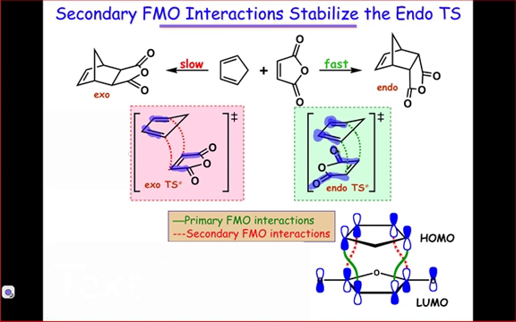This secondary interaction, while it doesn't form any chemical bonds necessarily, does delocalize electrons and as a result it stabilizes the endo transition state over the exo. Of course, in the exo transition state, those same p orbitals of the carbonyls are much too far away to interact with the orbitals on the diene. Here you can see a head-on view where the orbitals participating in the bond-forming events are here in front, and the secondary orbital interactions are labeled in the back with these red arrows.